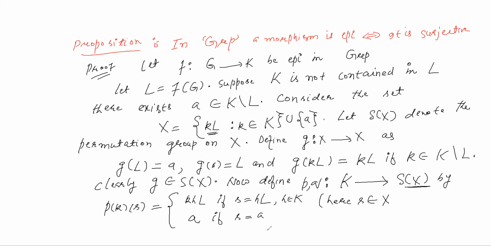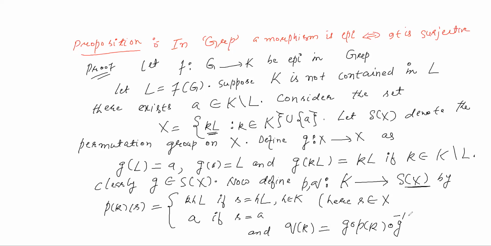And I define q of k for any element k in K as the composition: I define it as g composition p of k composition g inverse.